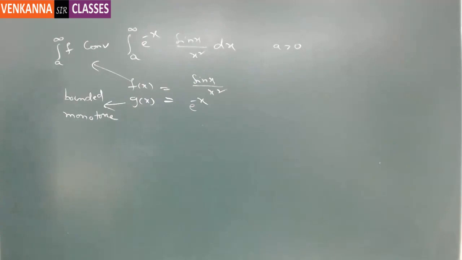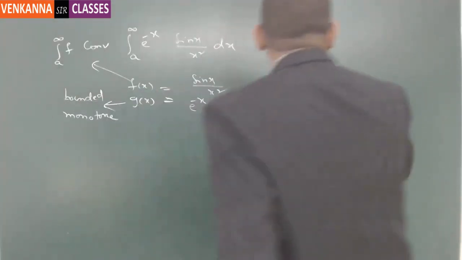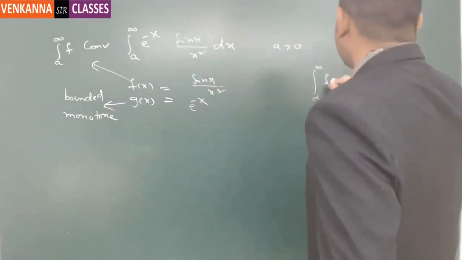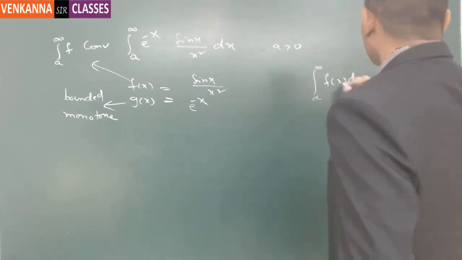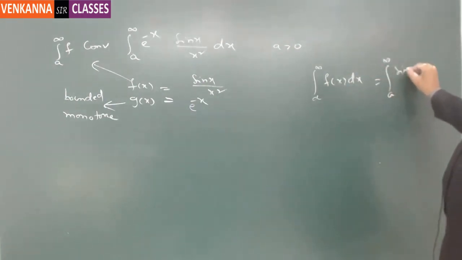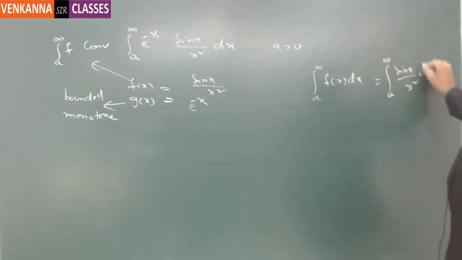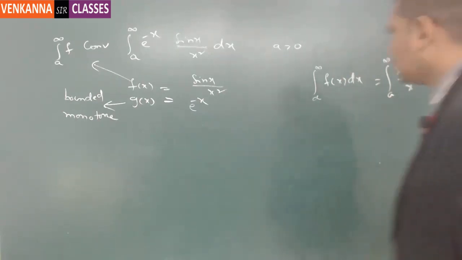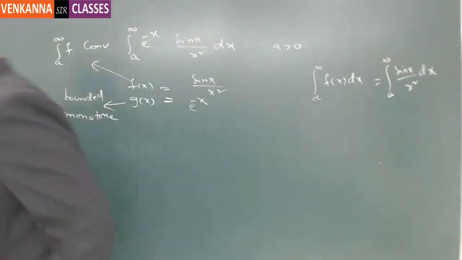Right. Now, let us calculate integral a to infinity f of x dx. So this is equal to integral a to infinity sin x by x square dx. Now, how to show that this integral is convergent?